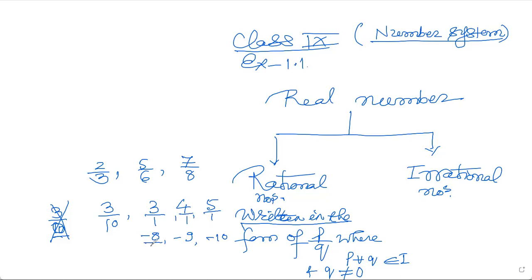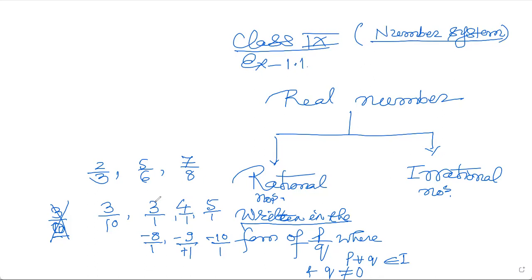Every time you are getting -8 means -8 upon 1, -9 means -9 upon 1, and -10 means -10 upon 1. So what do you observe? That if there is no denominator, you can insert denominator as 1 here, and that will be the same. So 3 is 3 upon 1, 4 is 4 upon 1, 5 is 5 upon 1.